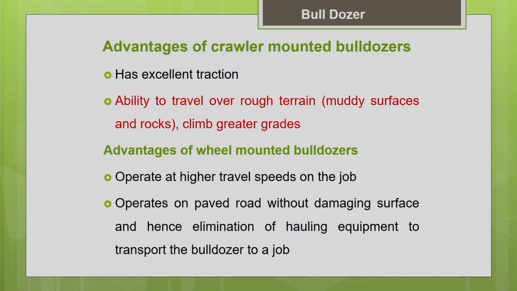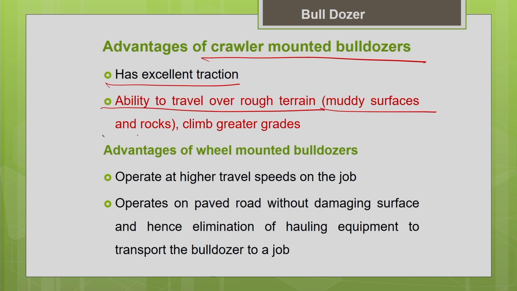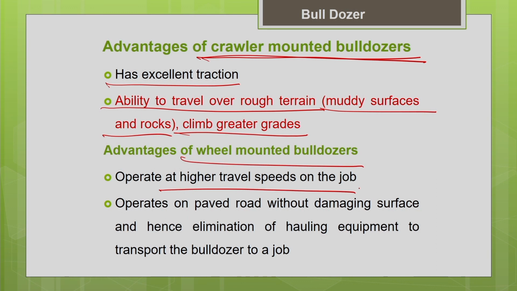So let us now summarize the advantages of the crawler mounted dozers and wheel mounted dozers. Crawler mounted has excellent traction, as you know. So it has the ability to move over rough terrain, muddy surfaces or rocks or steeper grades, everything can be handled by the crawler mounted machines. But for your wheel mounted machines, the main advantage is it can operate at a high speed and its mobilization is very easy.